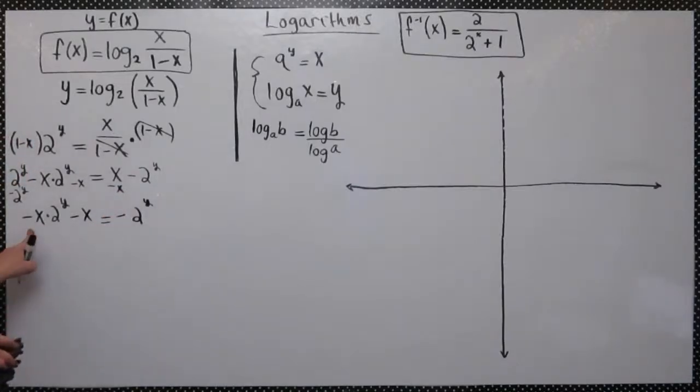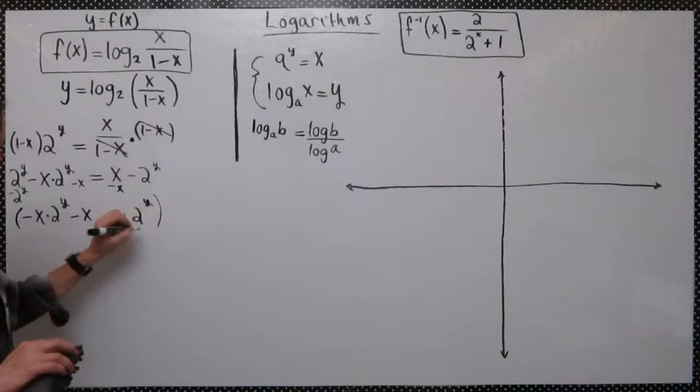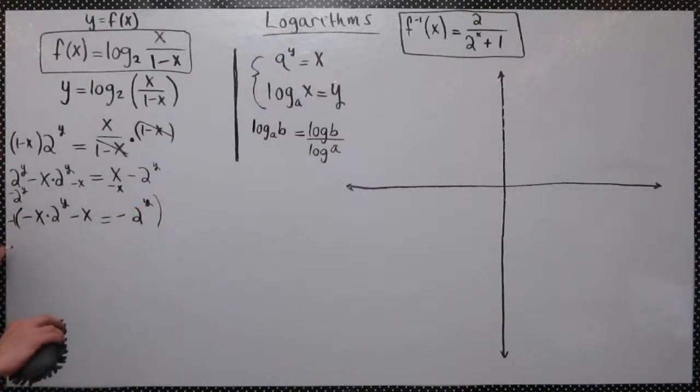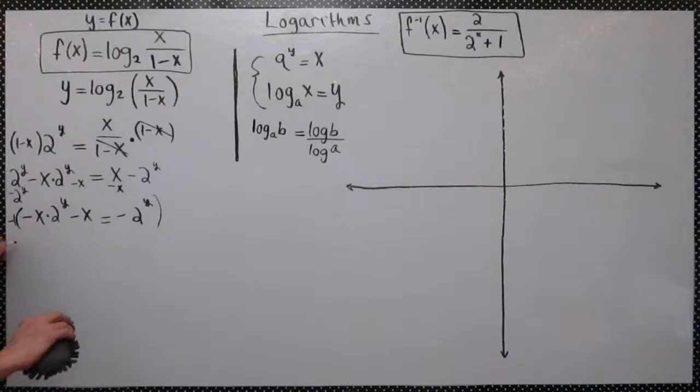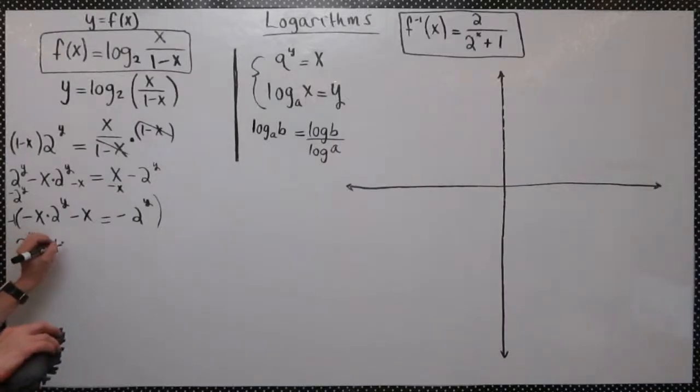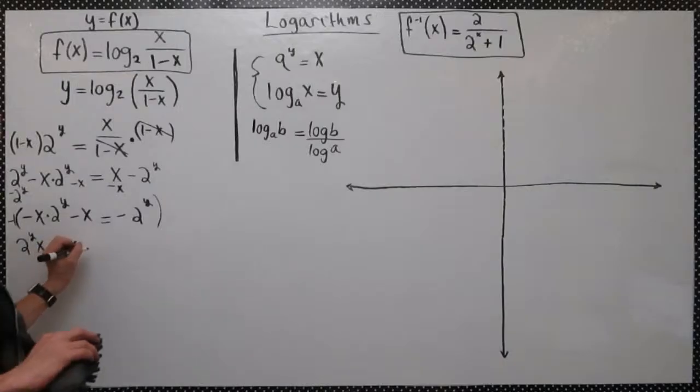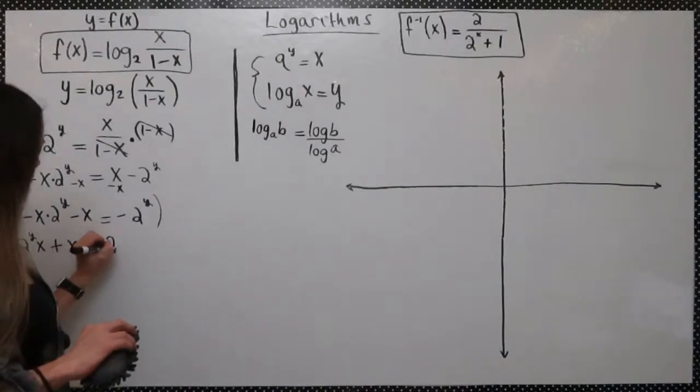And then multiplying through by a negative 1. All these negatives will go positive. So this becomes 2^y times x plus x, just rearranging those. And that equals 2^y.